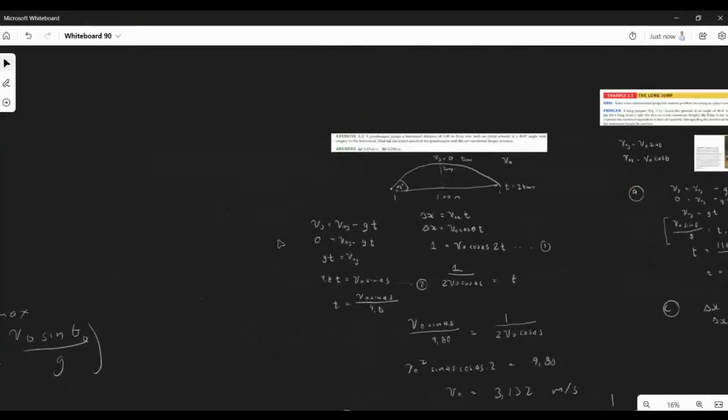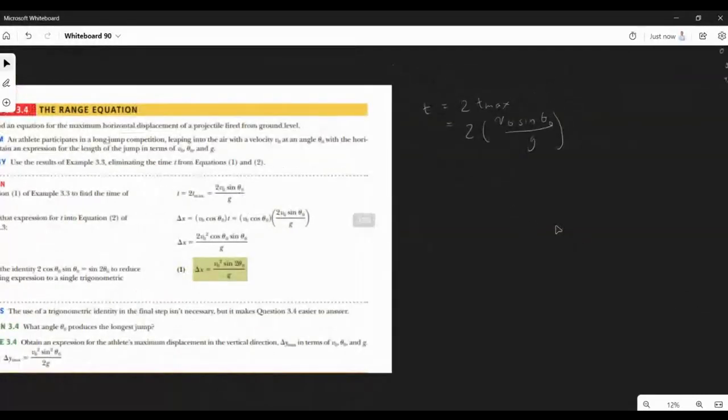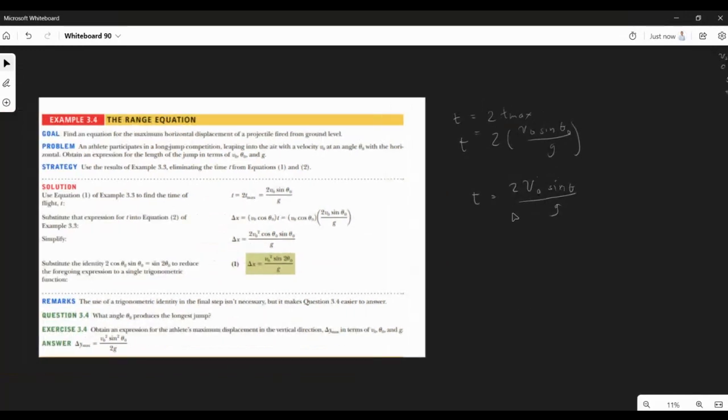Now we're looking at developing an equation for the maximum horizontal range. We want to find the total time it took, given these variables. The total time for the horizontal distance would be 2 V0 sine theta over G. But obviously we want the actual distance.